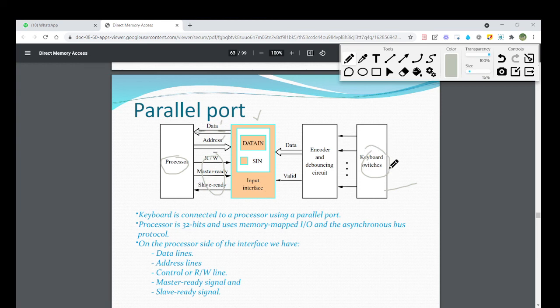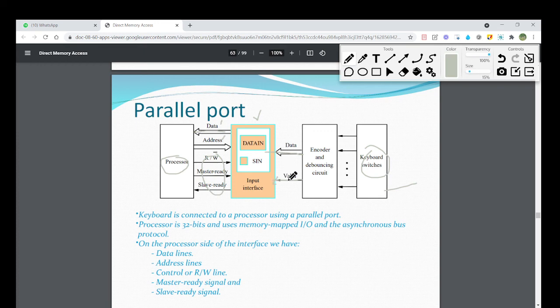This input interface is nothing but an interface circuitry, and it is connected to the keyboard. Whenever we press any of these keys, that is decoded and then encoded by the debouncing circuit. Once the debouncing circuit gets the information, it transfers the data to this buffer with the help of the data bus, and at the same time checks whether the key pressed is valid or not by this control signal.